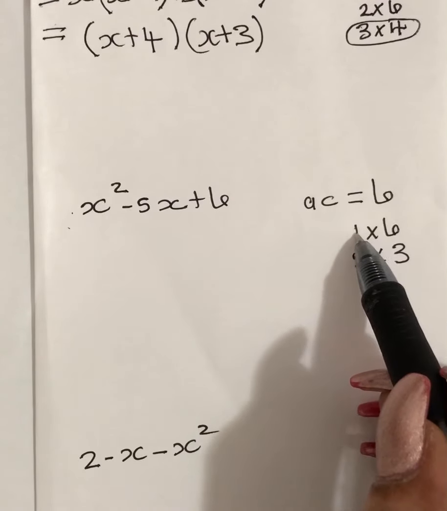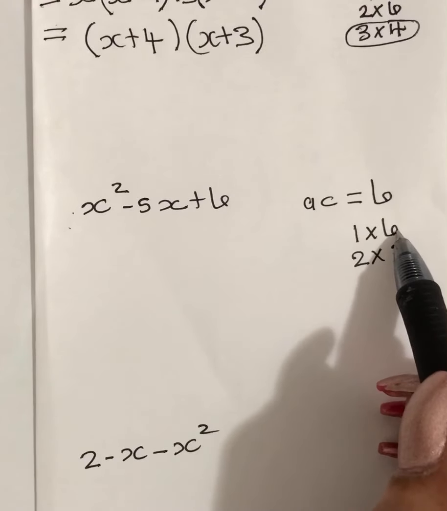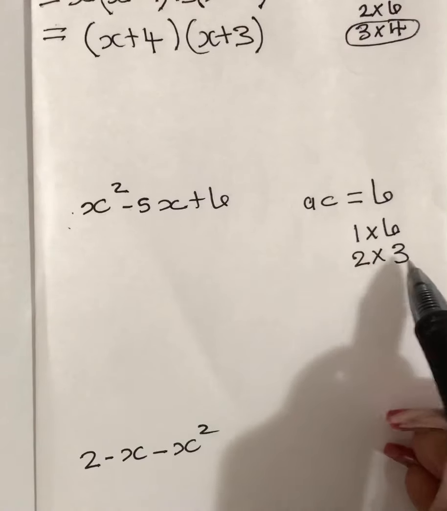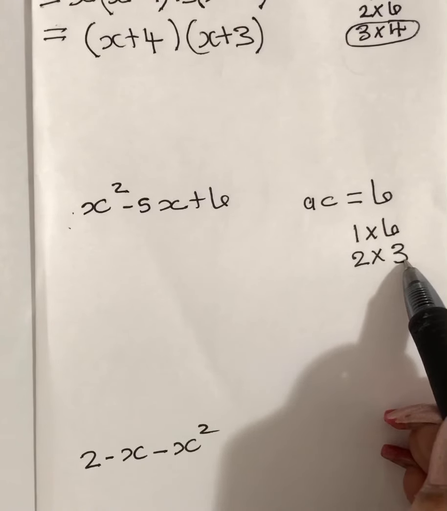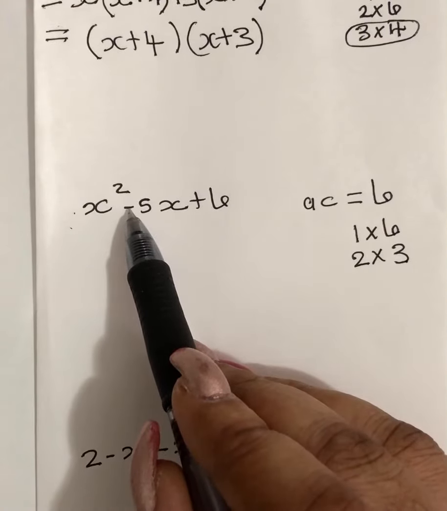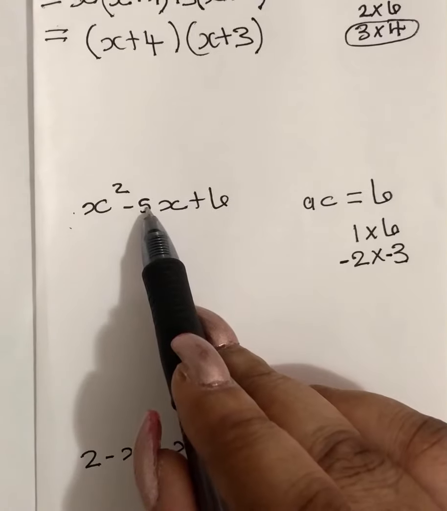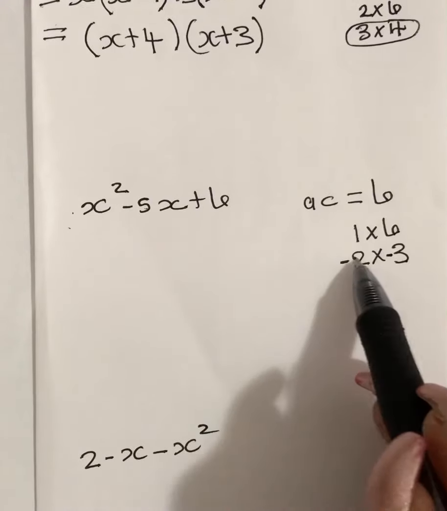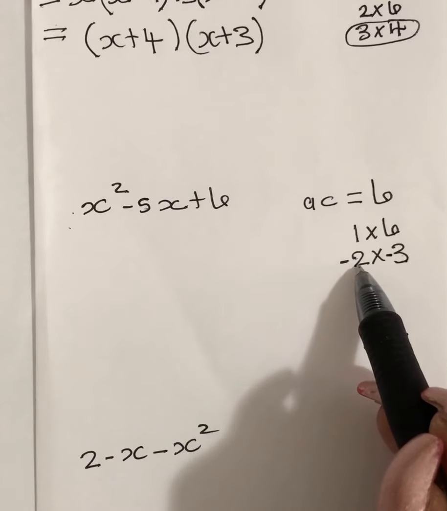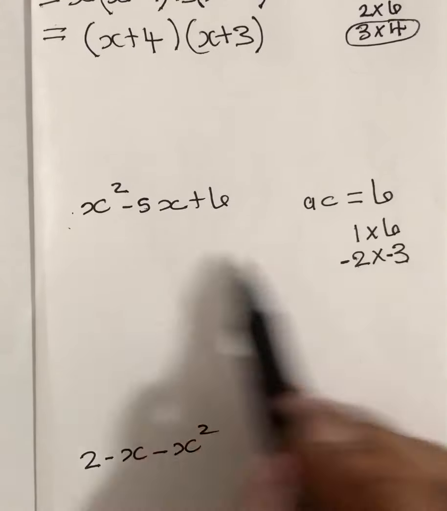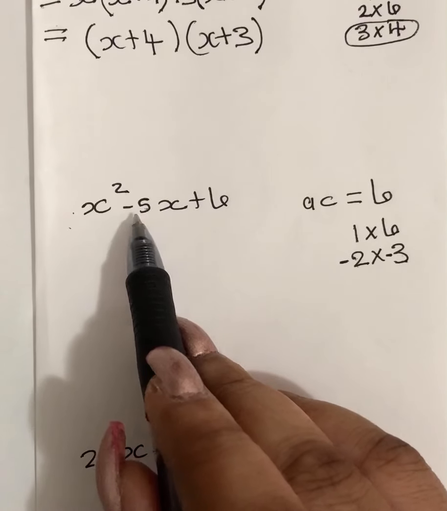Now, if I add 6 and 1, I'll get 7. But if I add 2 and 3, I'll get 5. So my only thing now is to change the sign because I must get back a negative 5 when I add them. Negative 2 plus negative 3 is negative 5.